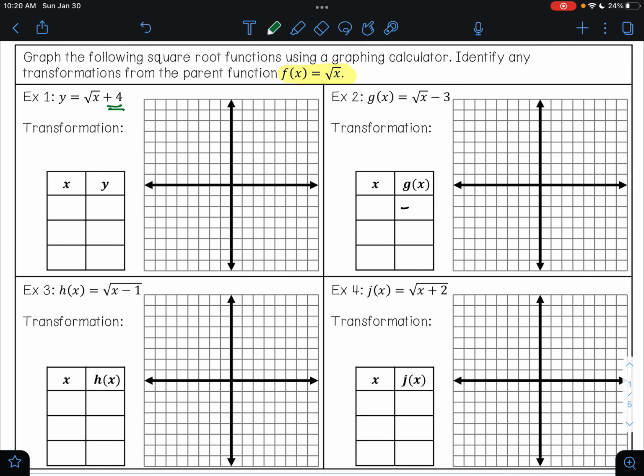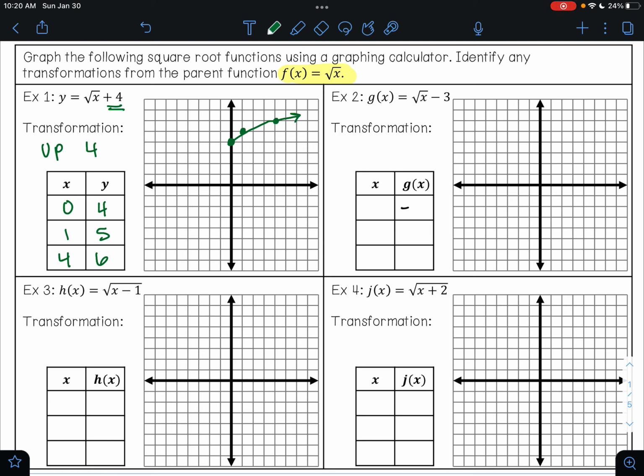So if I come back over here, this transformation is up 4 units. And so those ordered pairs were 0, 4, 1, 5, and 4, 6. And again, I'm just using the first 3 that are integers. And you can get that just by looking at your graph on Desmos.